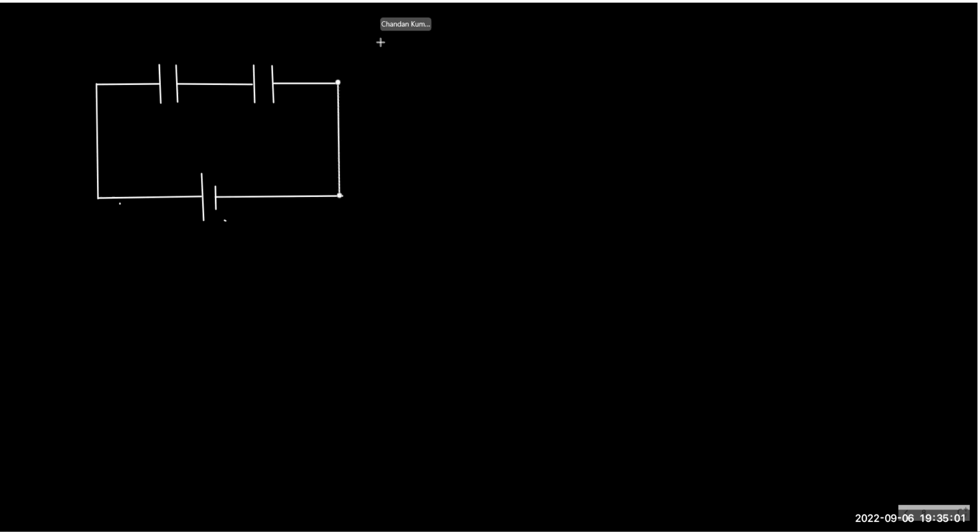So these are the full-fledged rules, and there's a name for it also. For that, there is no need to solve anything. You can directly tell the answer mentally. So if we have two capacitors, whether you feel something between the plates or not, that's not our concern.